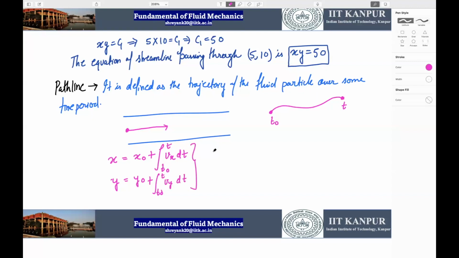So these are the equations for the path line. In application, if you want to use the Lagrangian description of fluid flow and you want to analyze the behavior of the fluid, then you put a tracer particle and trace the path that particle is following. So these are the equations for path line.